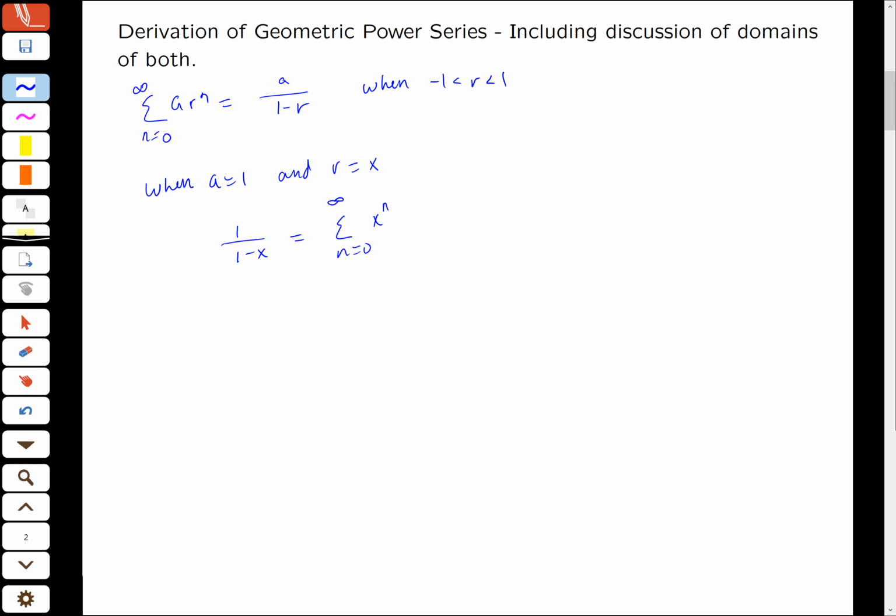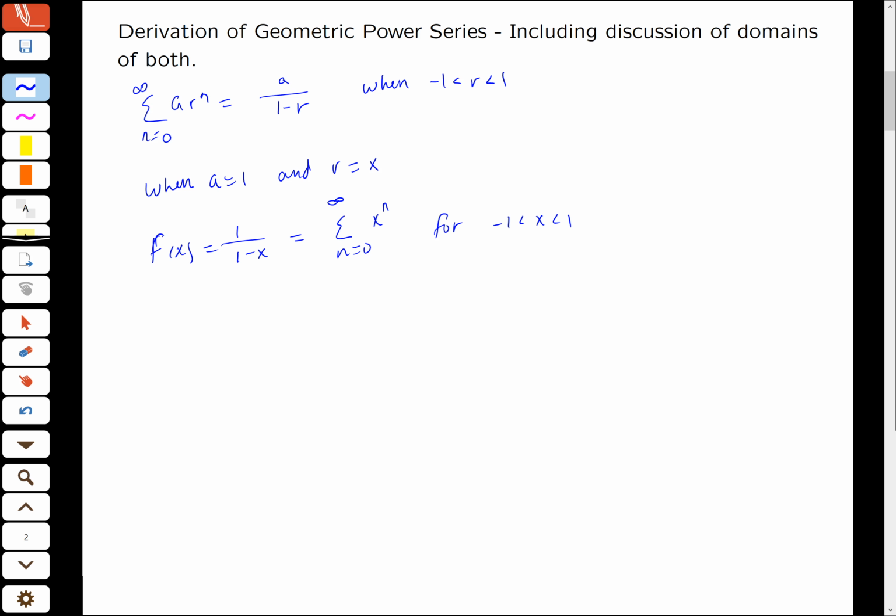And now I have a representation for the function f of x equal to 1 over 1 minus x. Now this works for minus 1 less than x less than 1. Whatever's inside, it works for it between minus 1 and 1.